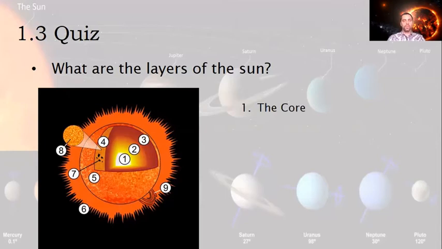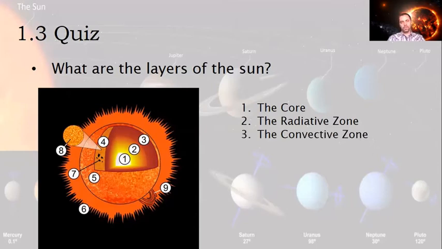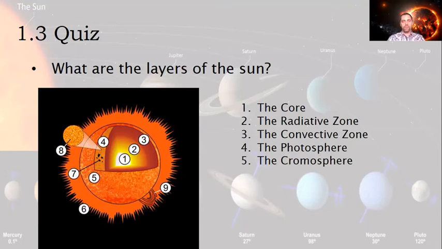Number two is the radiative zone. When we are coming more out, the third one will be the convective zone. Four, the photosphere, where the sunspots are. Five will be the chromosphere, and six is the corona.